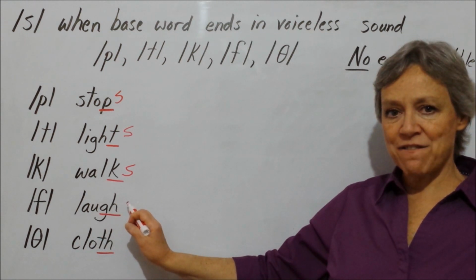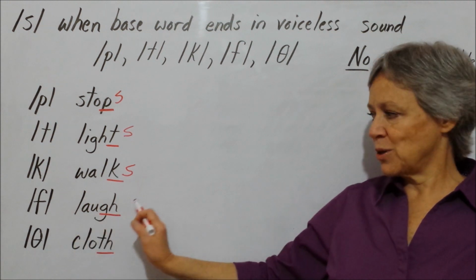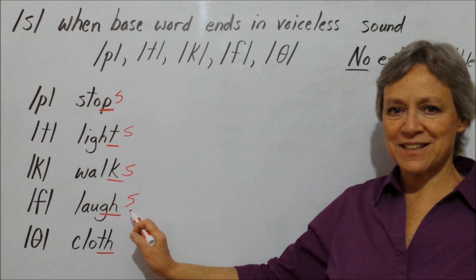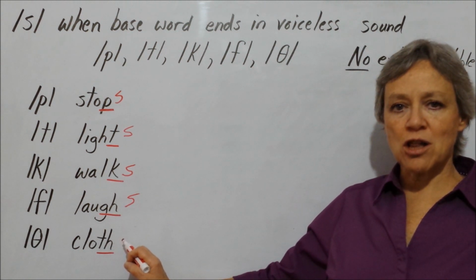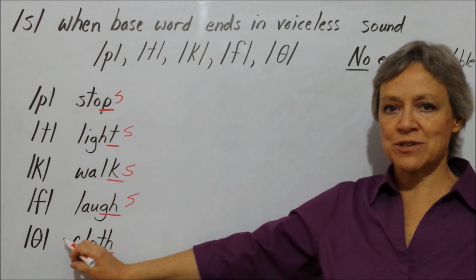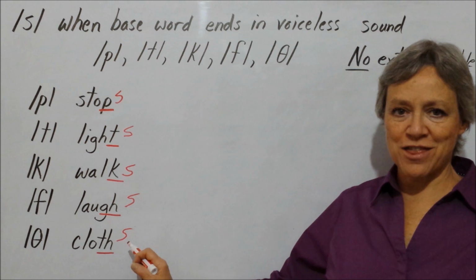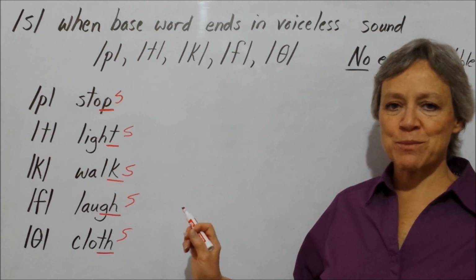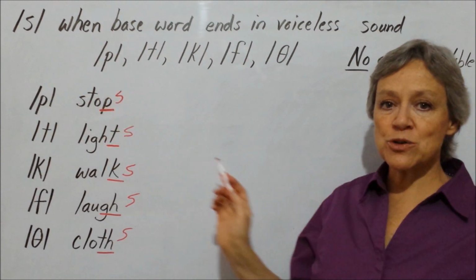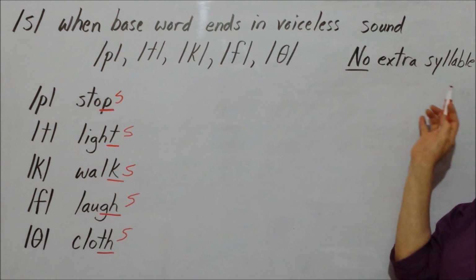This is laugh. It ends in the f sound. When I add S, I get laughs. This is cloth. It ends in the f sound. When I add S, I get cloths. And please remember that with this sound, s, we do not get an extra syllable. There is no extra syllable.